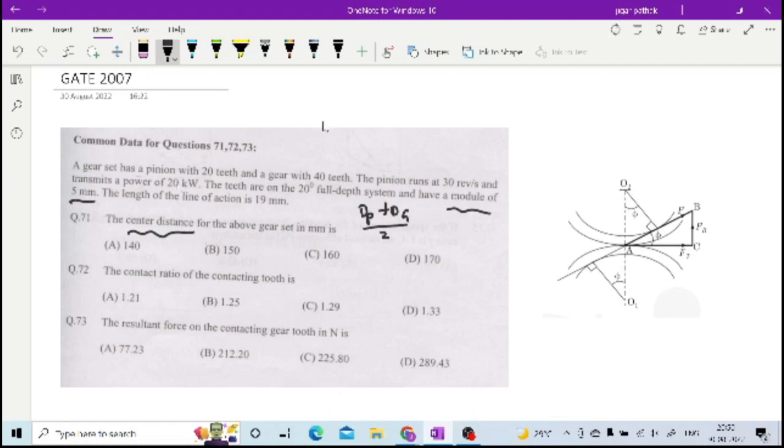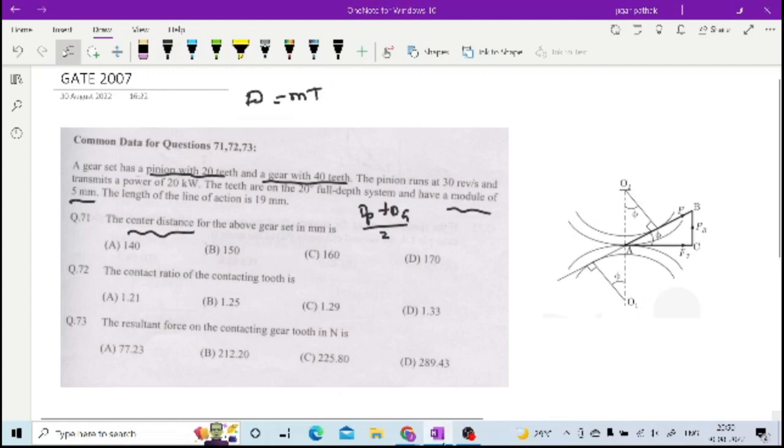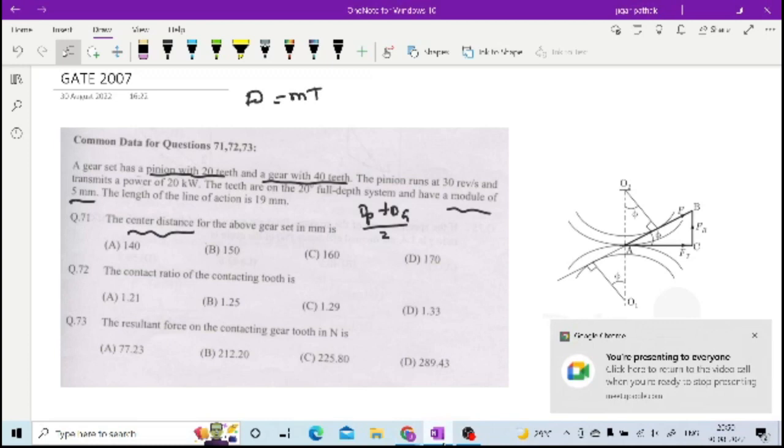Please calculate and tell me. Number of teeth for pinion and number of teeth for gear is given. So diameter can be calculated with m into t. Everyone can calculate. It's 150. Yes, correct. Everyone must be getting this.